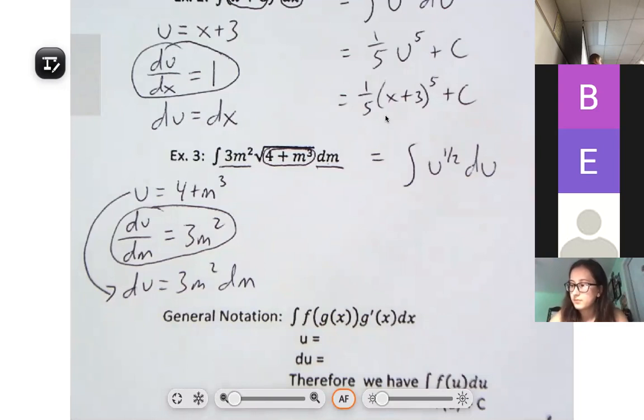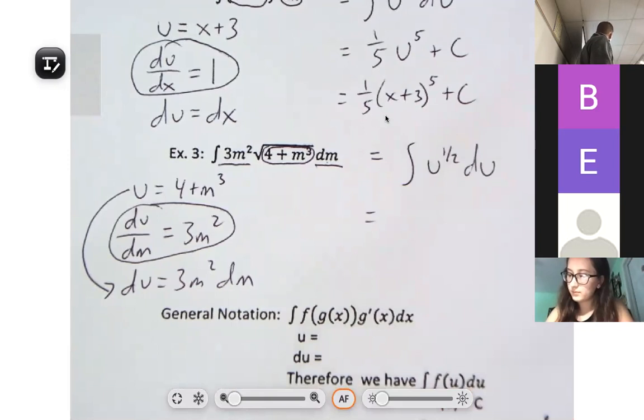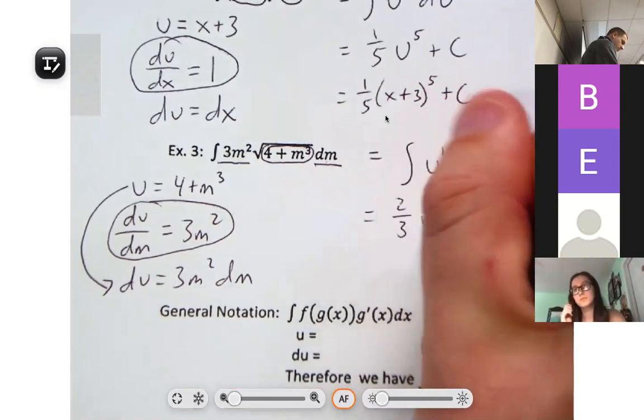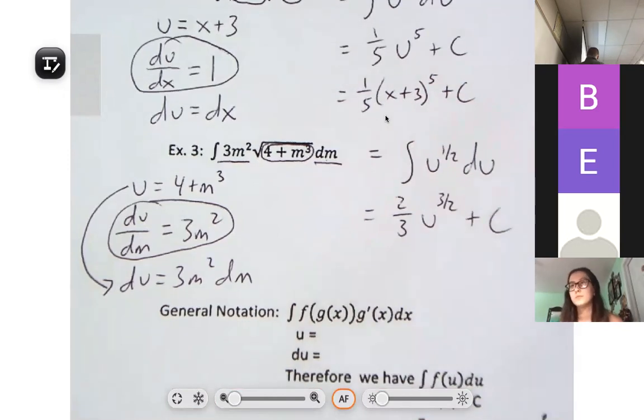Once I do all my replacing, now I integrate like normal. Now I do my power rule. All the hard stuff is done. Now I just integrate this. So this, I would bump 1/2 up to 3/2 and divide by 3/2. So 2/3, plus c.